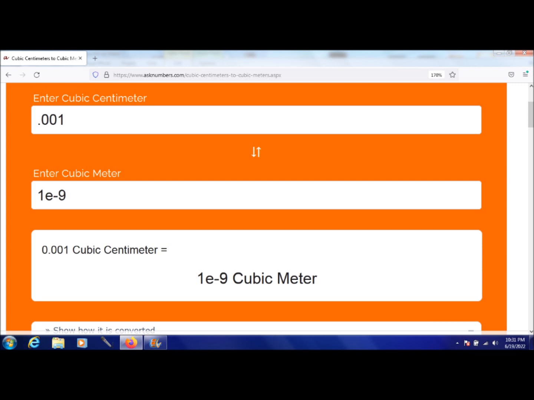Speaking of a billion, that's the $1 billion question.